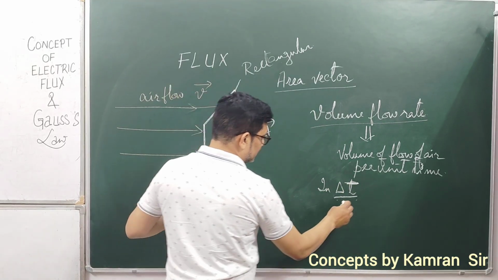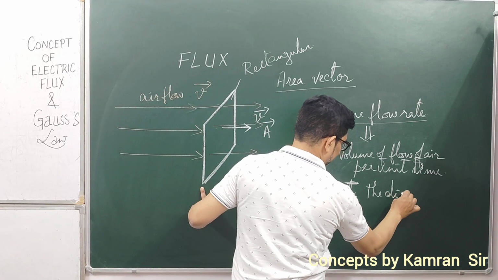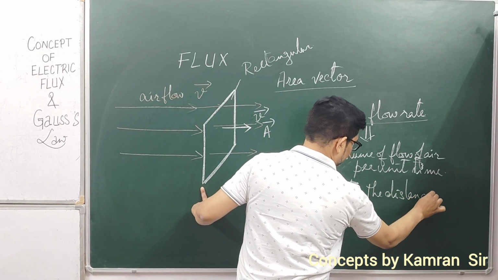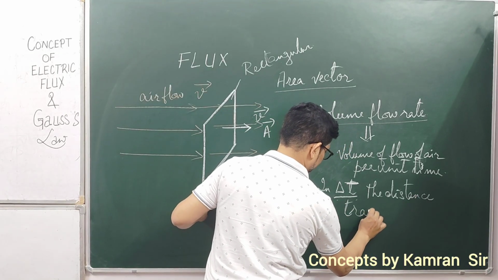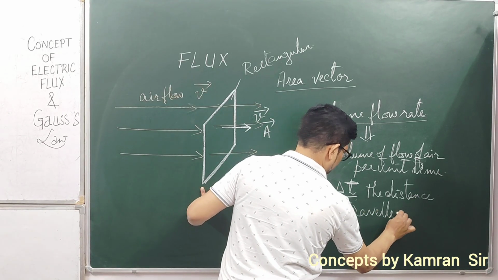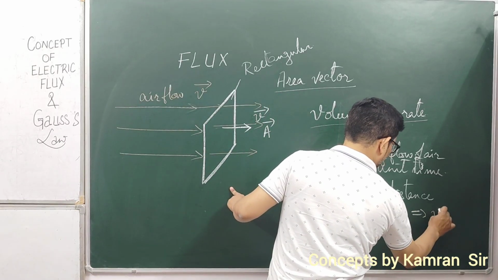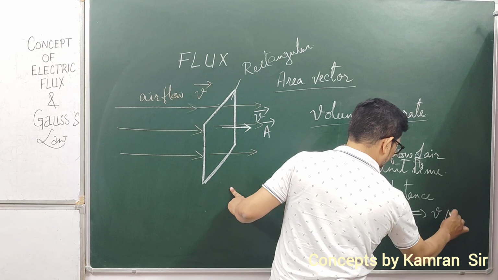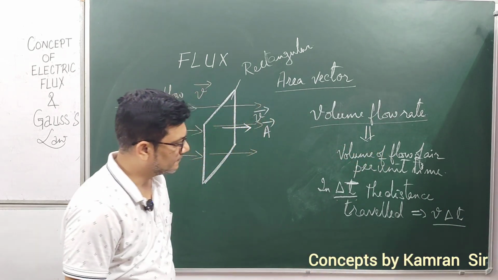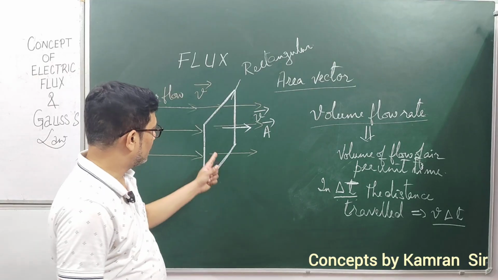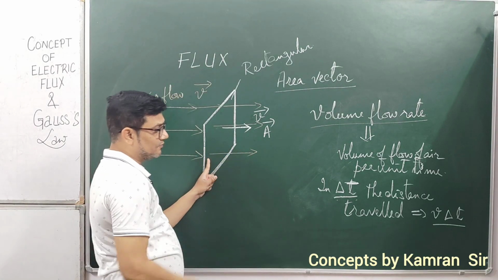The distance traveled in delta t with this given quantity would be what? We know the velocity is v, and when we multiply the velocity with the time interval, we get the distance traveled. Area multiplied by the distance traveled is going to give you volume.